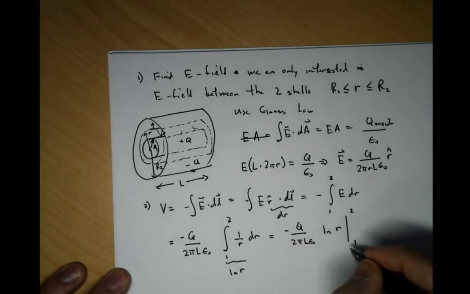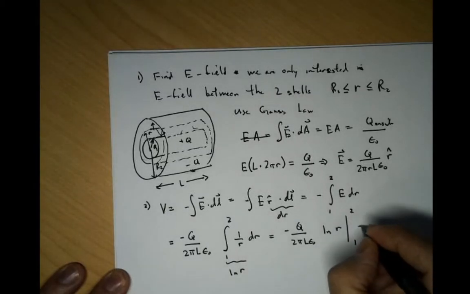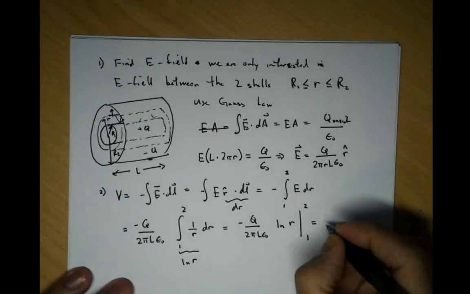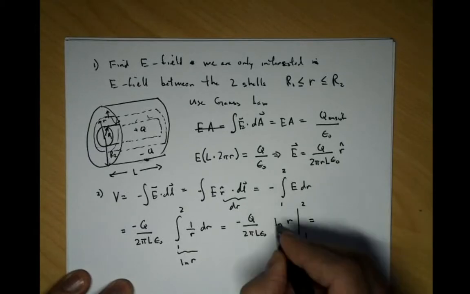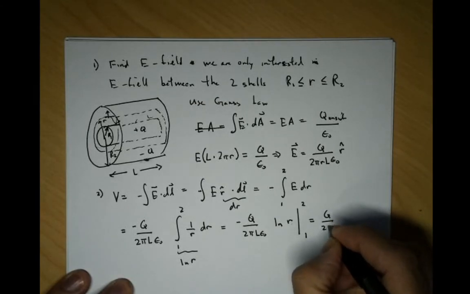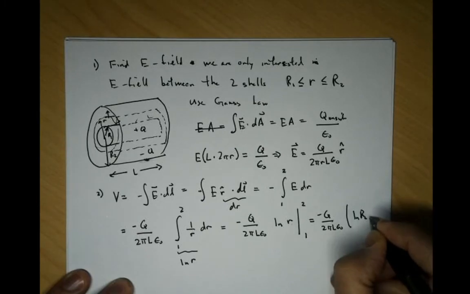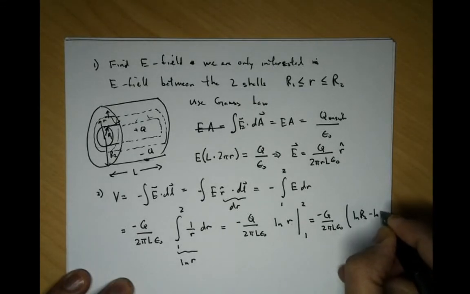Let's go ahead and keep going. So this is going to equal, we'll be very pedantic about this, minus Q over 2 pi L epsilon naught, logarithm of R2 minus logarithm of R1.